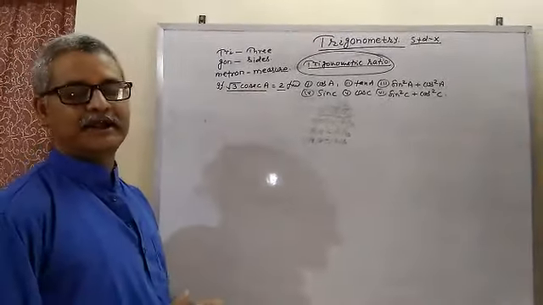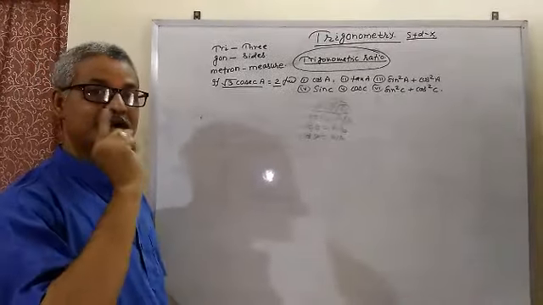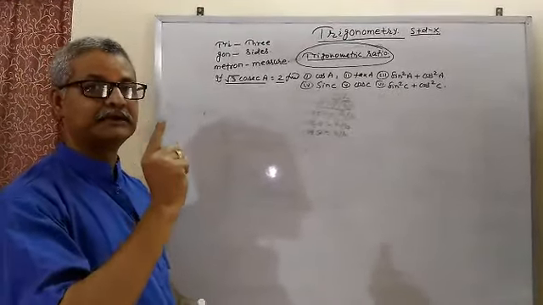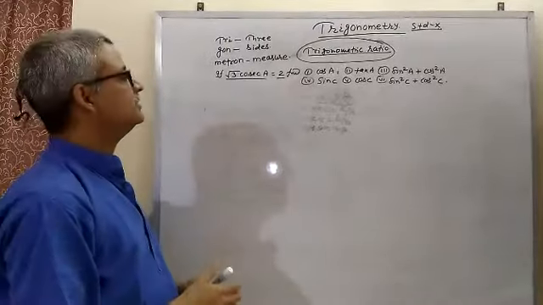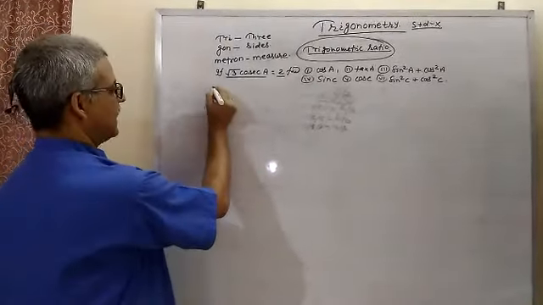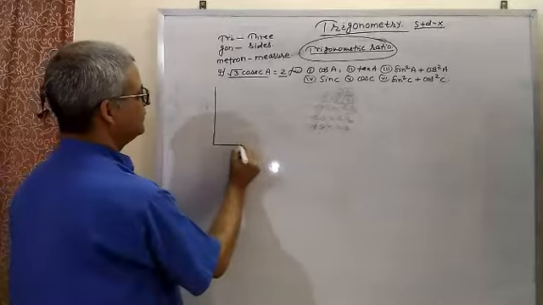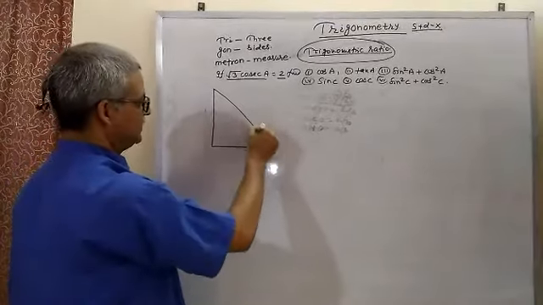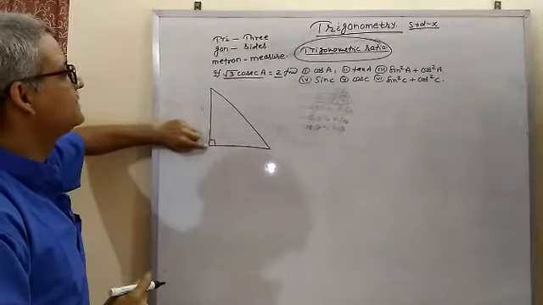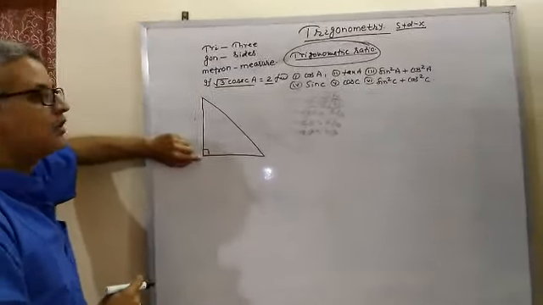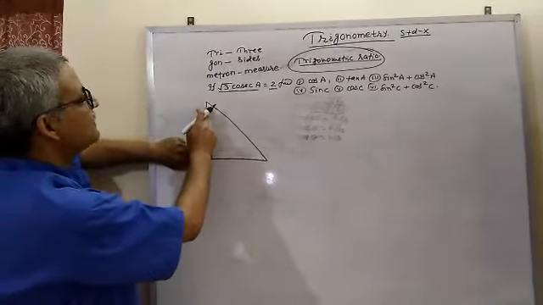Cosec A is given, it means our reference angle is A. Whichever angle is mentioned there, that is the reference angle. So when we draw a right angle triangle ABC, we keep in mind this right angle is not A, because the reference angle is always an acute angle.